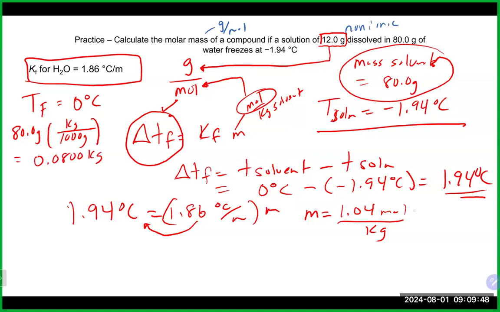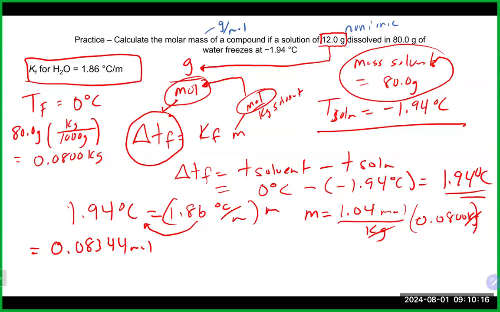I multiply the molality I just got by 0.08 kilograms of solvent, which will cancel and leave me the moles of my solute, which in this case is 0.08344, we'll call it. That is the bottom part of the molar mass that we need.